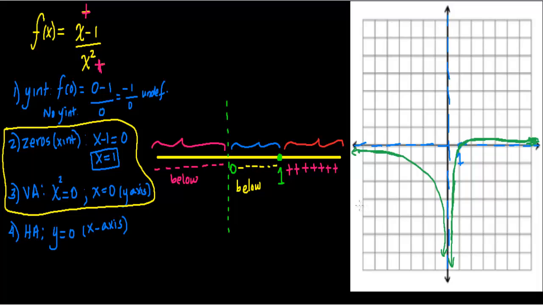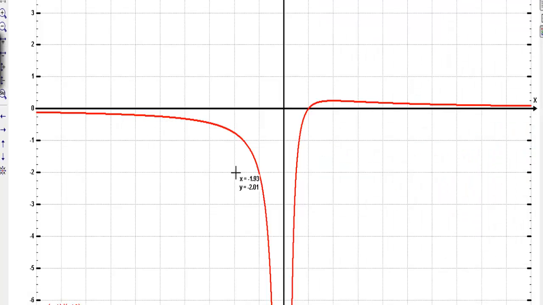Let's do the WZ grapher graph and see if it looks like this one. Here's the graph for WZ grapher. Notice that the graph from negative infinity all the way to my y-axis, which is that first wall, is very close to the horizontal asymptote, then it separates, and then it gets very close to the y-axis.